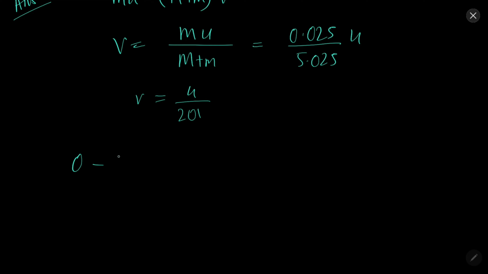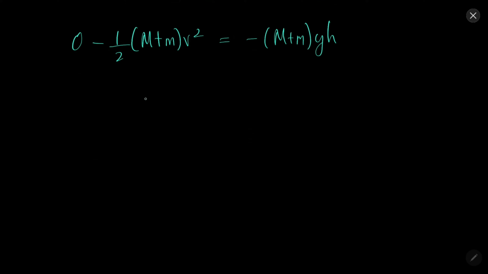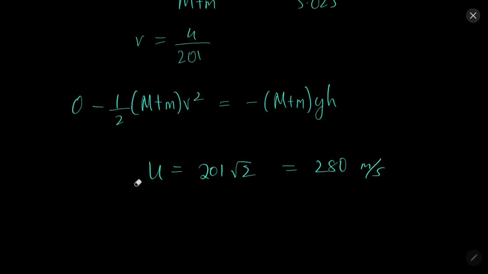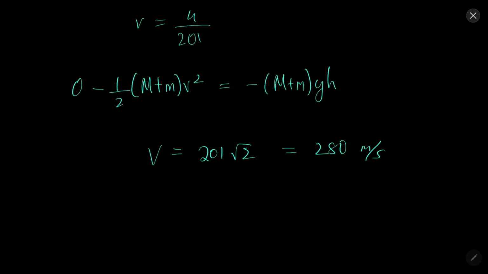Now using conservation of energy, we can use this also. So u equals 201 root 2, or 280 meters per second. This is how you can find the value.